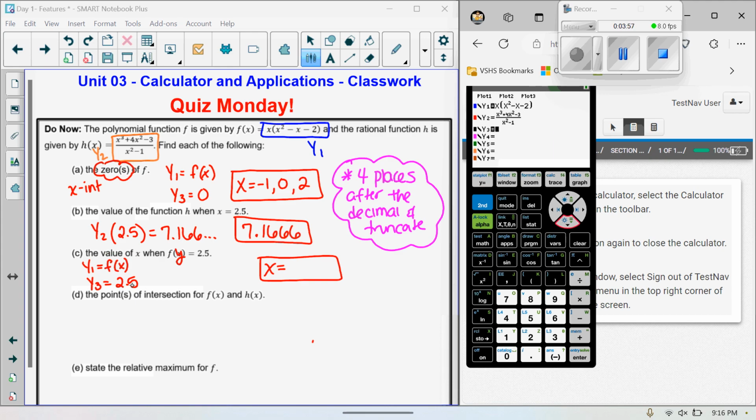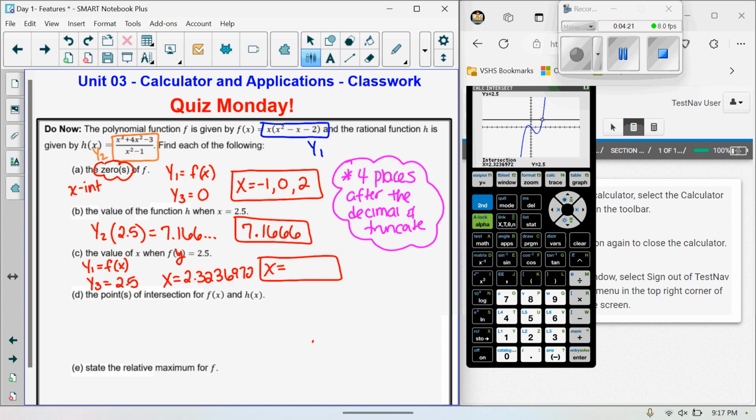I'm going to change this to be 2.5. Zoom 6. And once again, I'm using intersection, so second trace 5. Scroll over as far as I can. Enter 3 times, so I get x equals 2.32366972. 4 places after the decimal, so that's 2.3236.